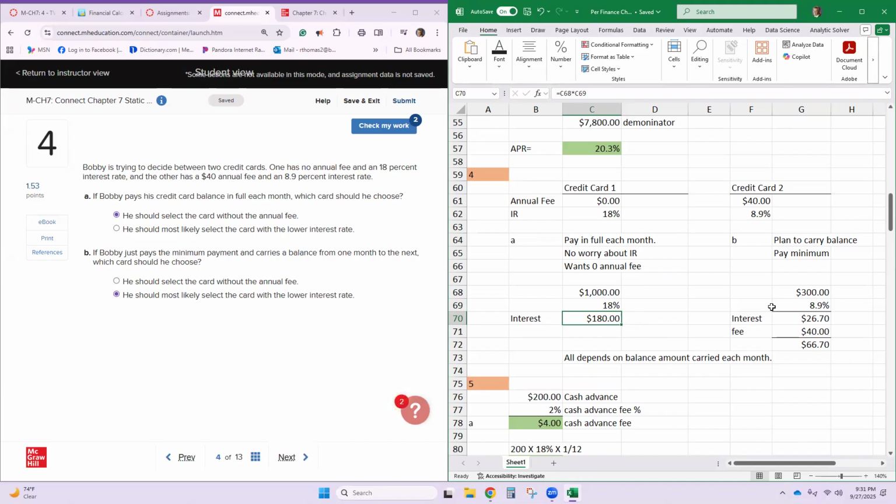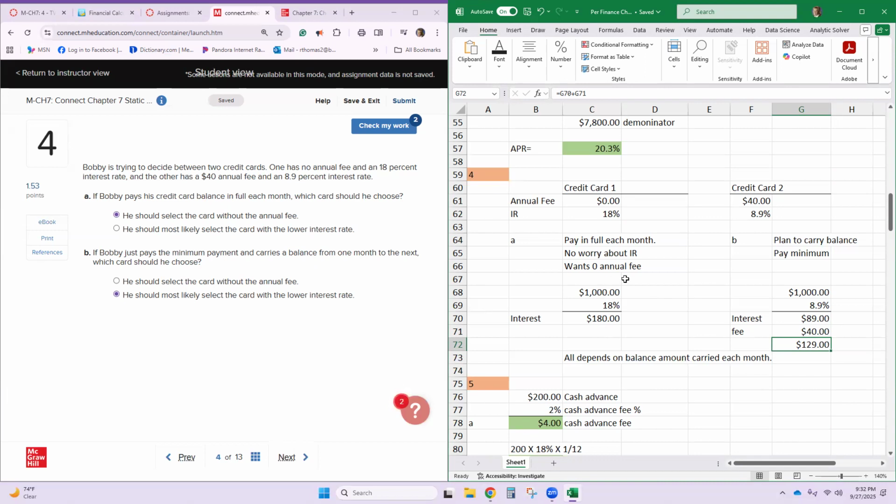Okay, so then if you just take that same $1,000 and you run it through this card with 8.9%, he only pays $89 in interest, but you have to add that fee to it, but it's still less than this one.